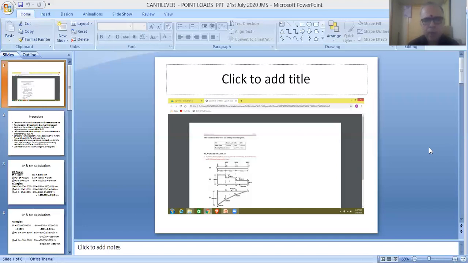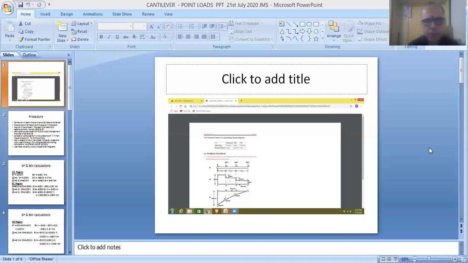As mentioned just now, if a beam is fixed at one end and free at another end, it is called a cantilever.